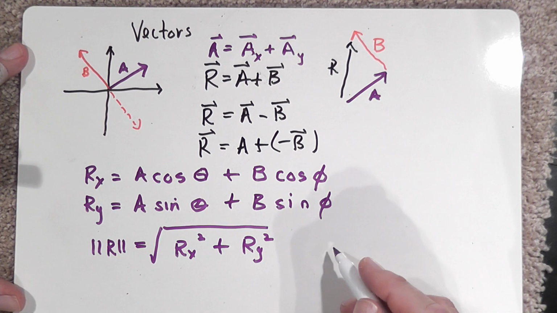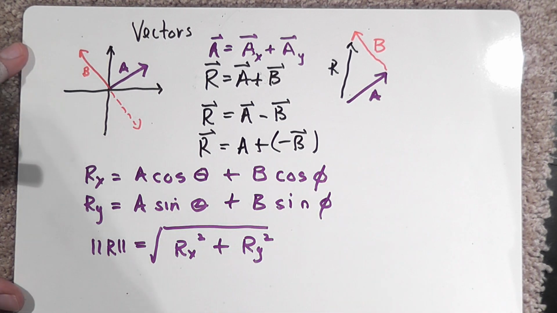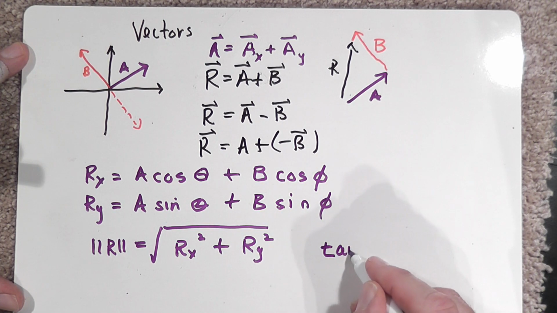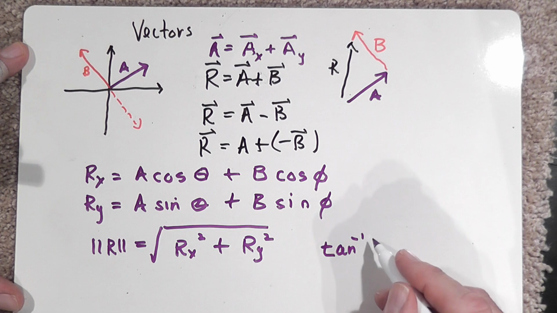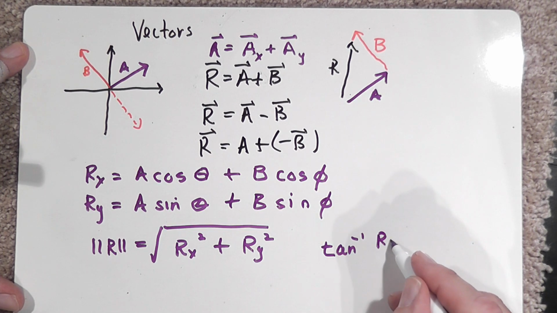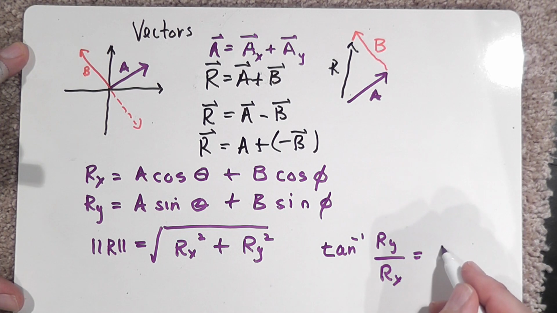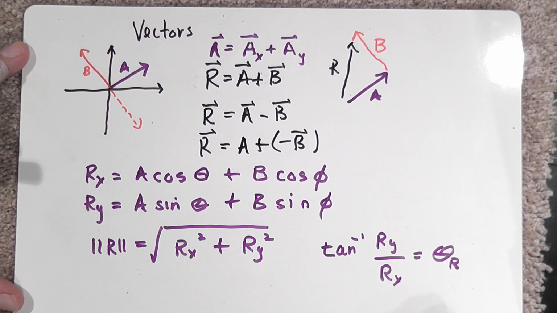And then you could find the angle by taking the inverse tangent of Ry on top and Rx, which equals the angle, and I'll subscript that R, of the resultant vector.